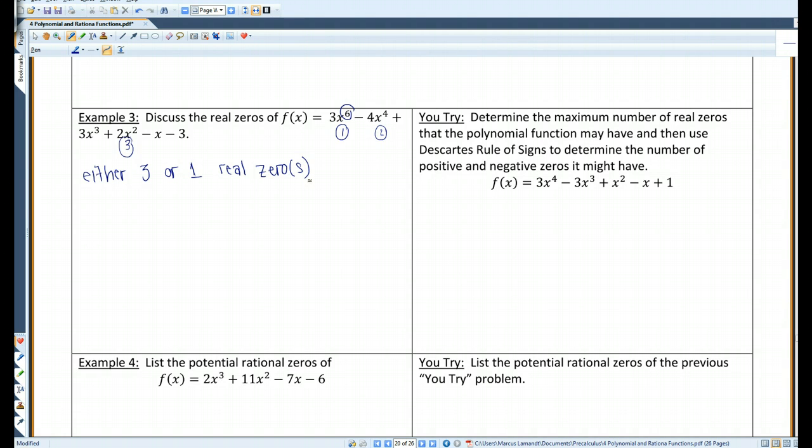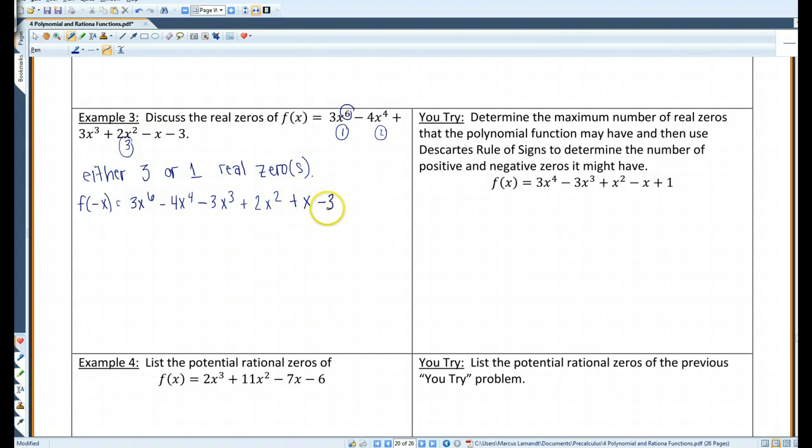Okay. So now let's take a look at f of negative x. If I plug in negative x, it's even here, so it just stays. It's even here, so it stays again. This one is odd. Okay, so the sign is going to change. This one's even, so it stays. This one's odd, so it changes.